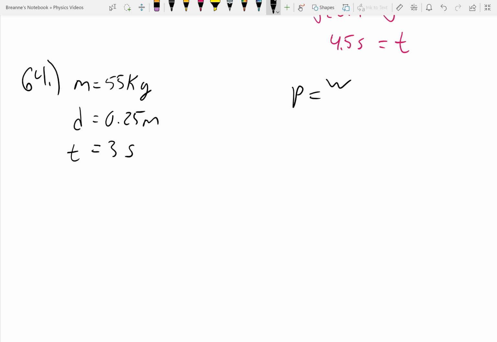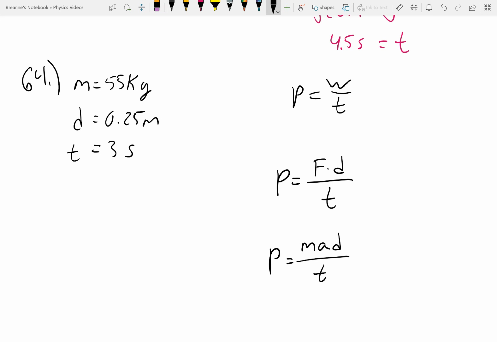Power is work divided by time. We don't have work, but we can find work. Work equals force times distance. But we don't have force, but we can break force up even more. Force is mass times acceleration.